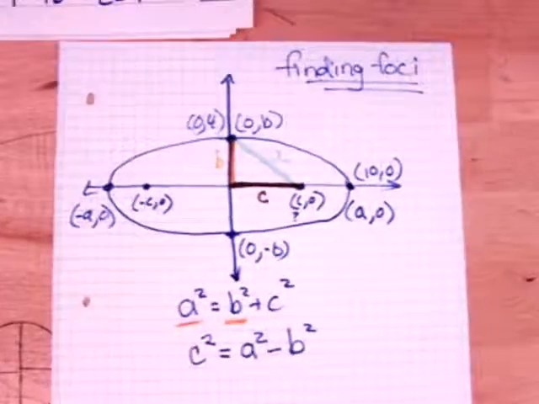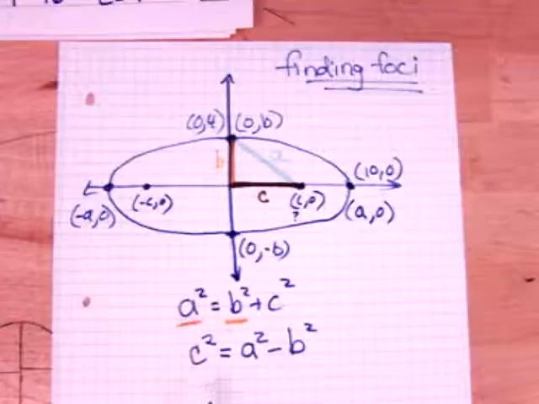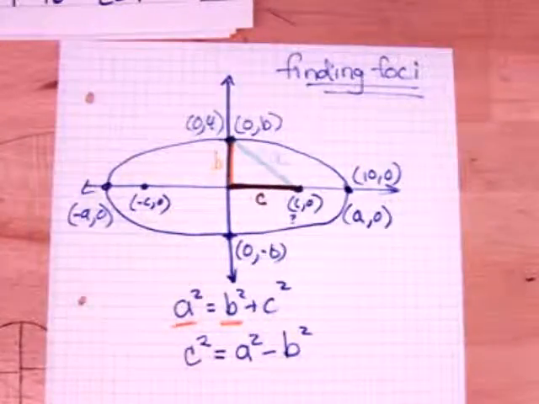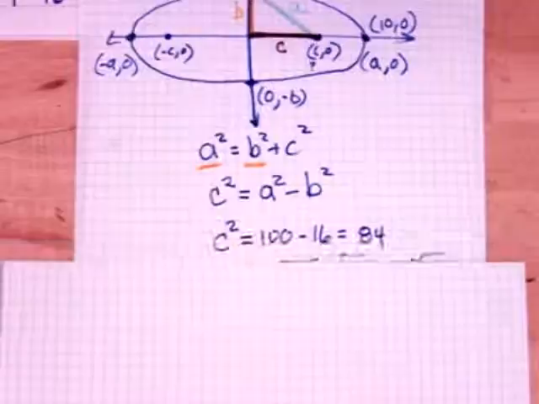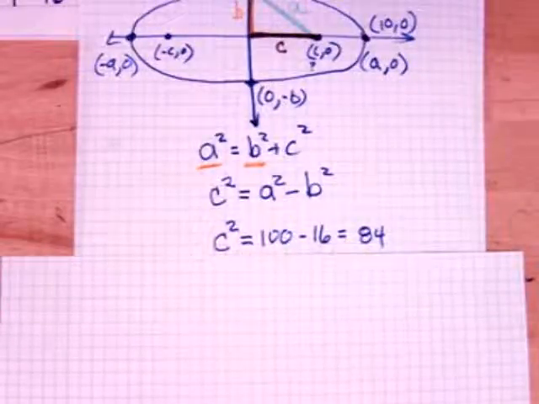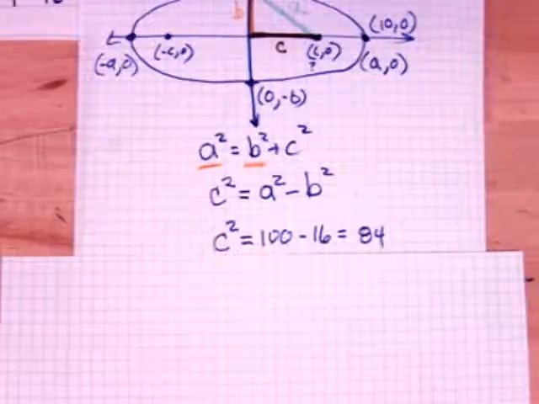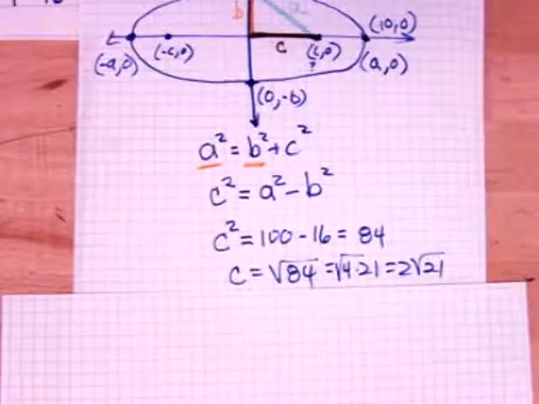I wanted to show you how I got that instead of just writing this down, because if I just wrote this down, you would all freak out and say, no, it's plus. So let's find out what c actually equals. c squared equals 100, which is 10 squared, minus 16, which is 4 squared. It's equal to 84, and the square root of 84 is equal to 2 root 21.